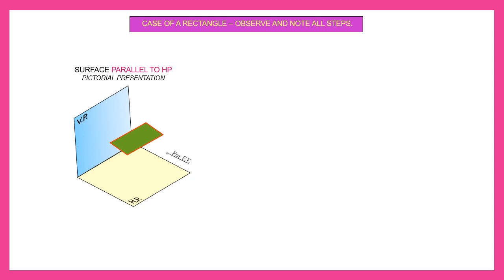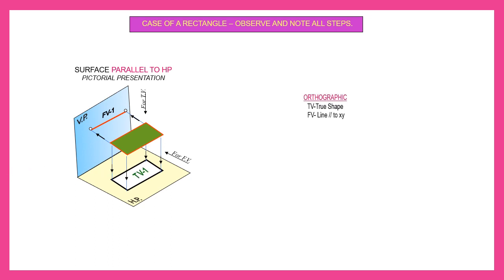The first one, surface parallel to HP. You can see this is a rectangular plane which is parallel to HP and perpendicular to VP. So in your front view you will see a line, since it is perpendicular to VP. This is the front view, and in the top view you can see the whole rectangular surface.